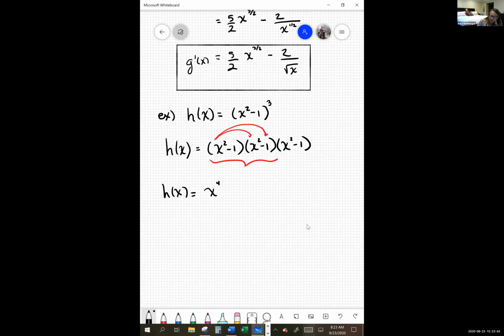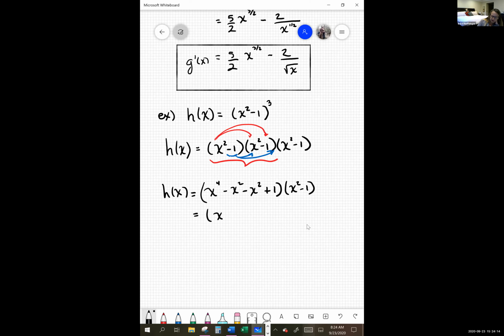X squared times negative 1, so minus x squared. Distribute our negative 1. So negative 1 times x squared is negative x squared. And negative 1 times negative 1 gives me a plus 1. So that was just the first two parentheses multiplied out, all times the third one, x squared minus 1 up there.